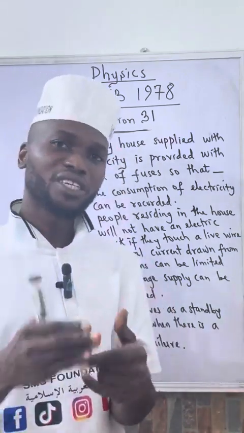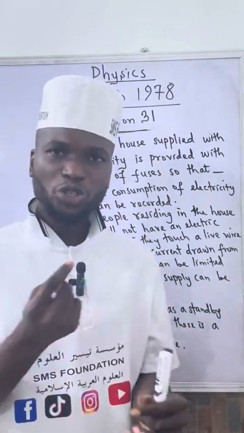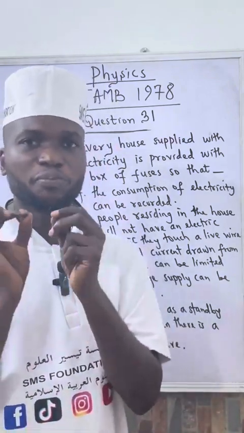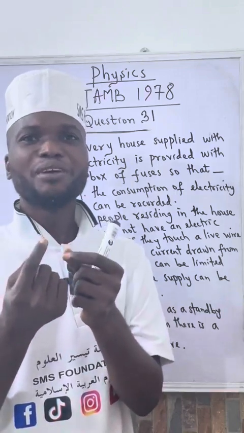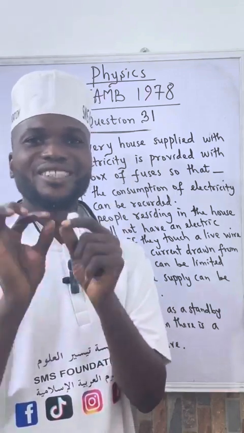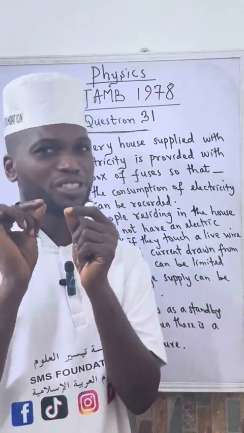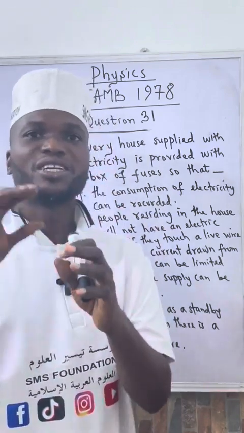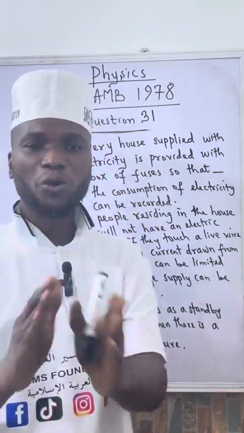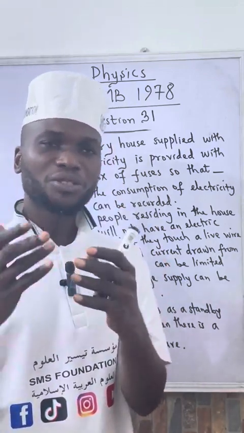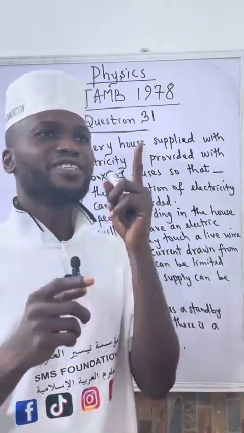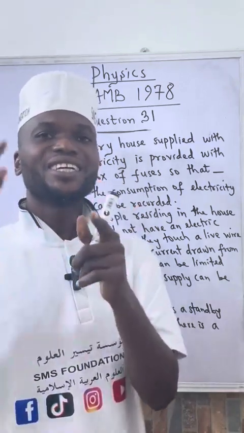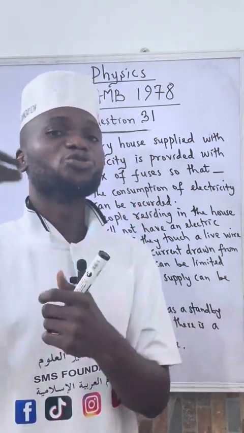What do I mean by breaking the circuit? The nature of the fuse is that it is produced with a particular metal that has a very low melting point. So once the high current enters the fuse, the metal will melt. It's going to melt and start burning. That is a clear indication that the current coming from the mains is too high.